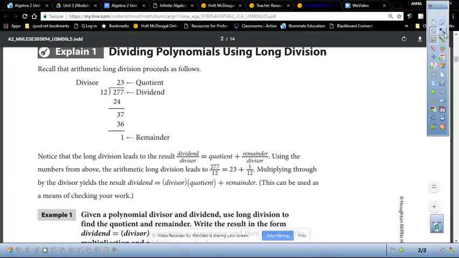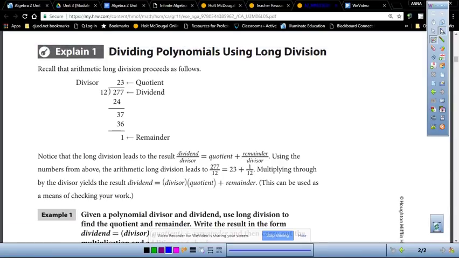Now, let's just think about something with whole numbers. For example, 277 here is being divided by 12. The quotient is 23, but notice there's a remainder. So that's really 23 and 1/12. 277 is an integer, a number without any decimal or fraction part. 12 is an integer.